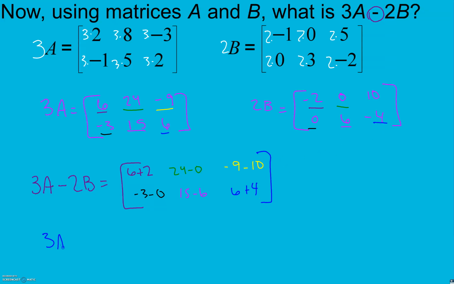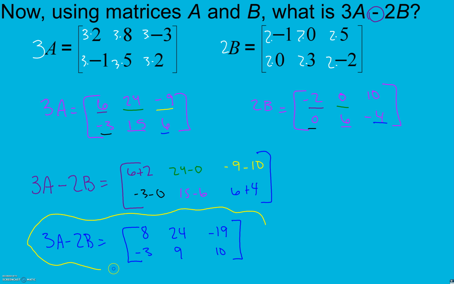Last step is just to simplify my differences here. 8, 24, negative 19, negative 3, 9, 10. And this is 3 times matrix A minus 2 times matrix B.